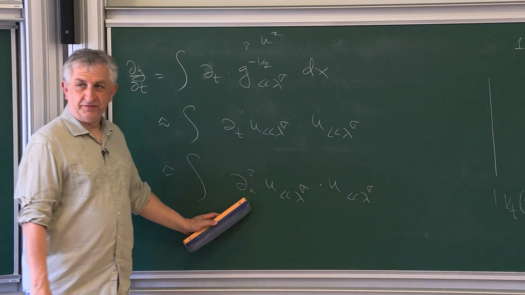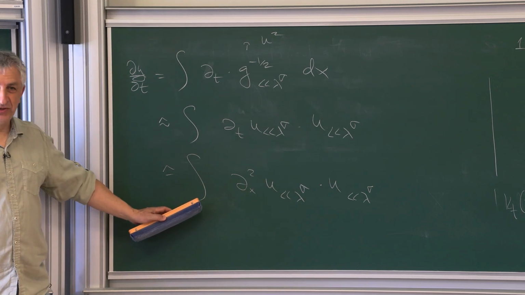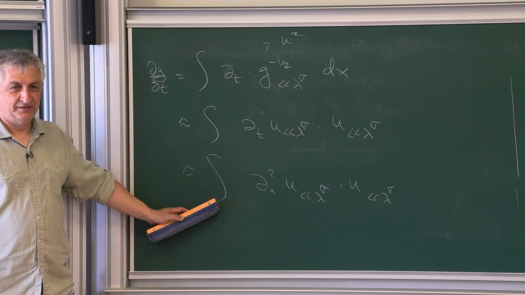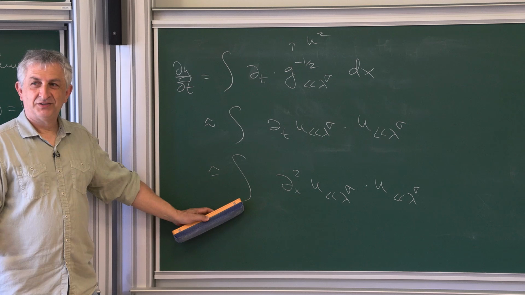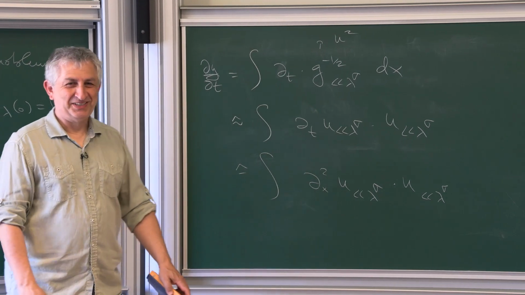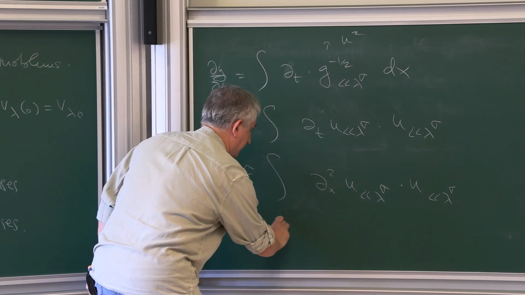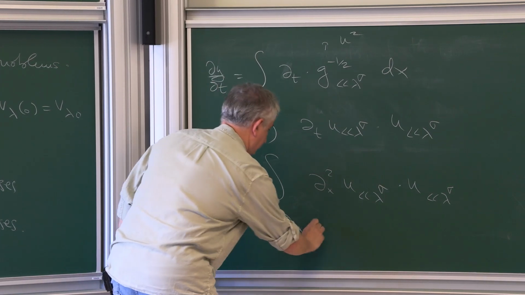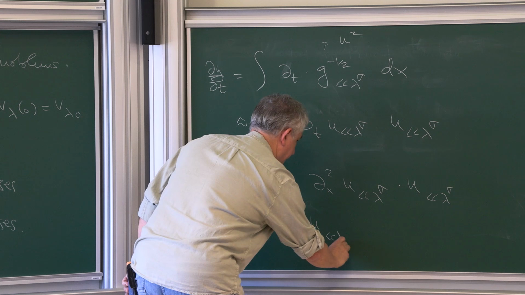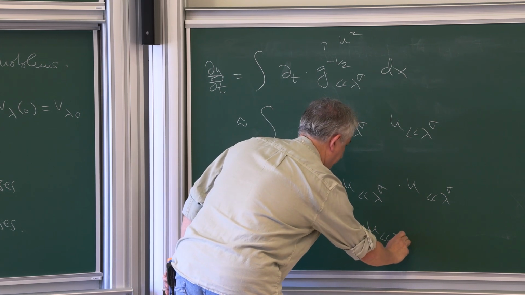And we still have the two derivatives, right? But good news, this gets integrated. So as much as I promised no integration by parts, here we do one integration by parts, all right? So this gives us something that looks like dx u much less than lambda sigma times dx u much less than lambda sigma.